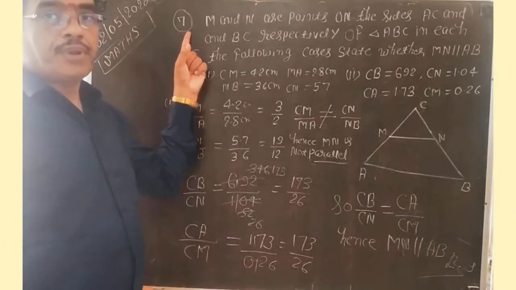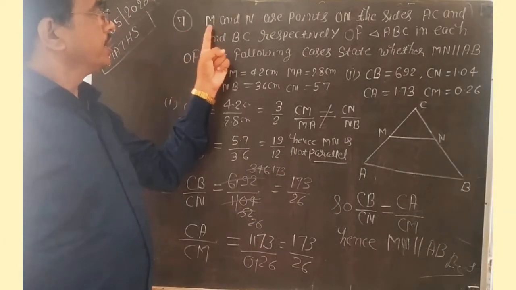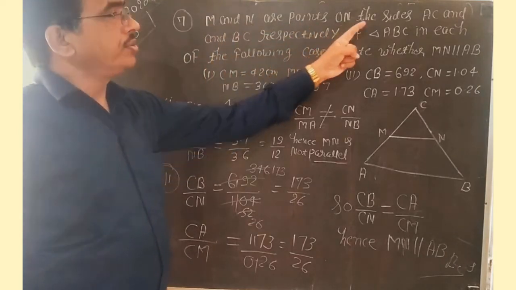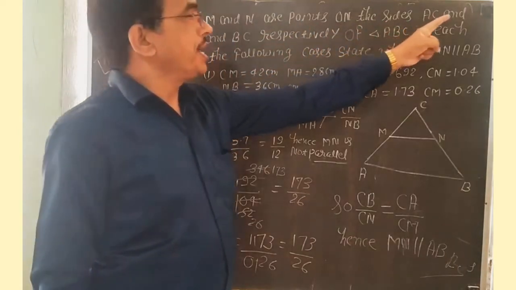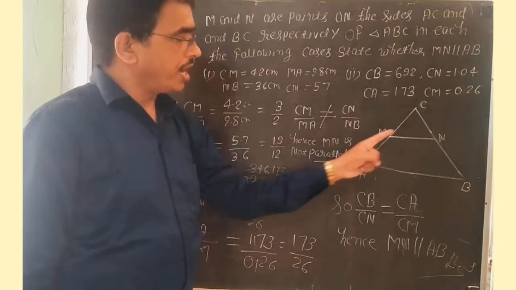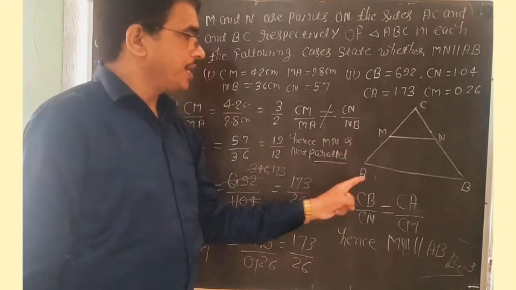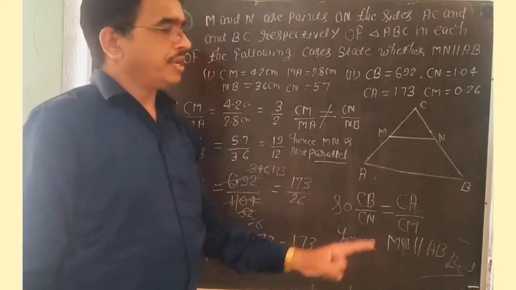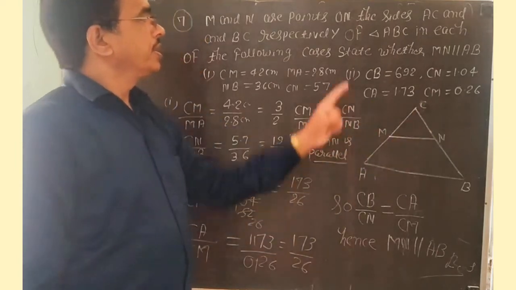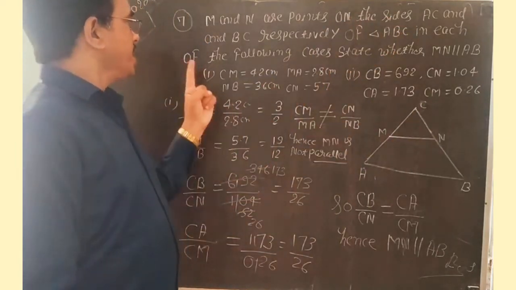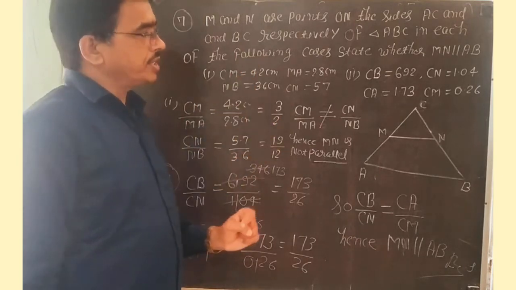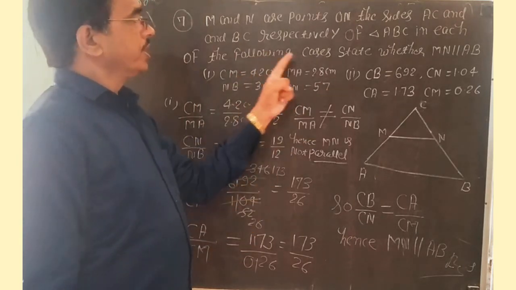Example 7 of exercise 7. M and N are points on the sides AC and BC of triangle ABC. In each of the following cases, there are 3 cases in your question, I write only 2 here.